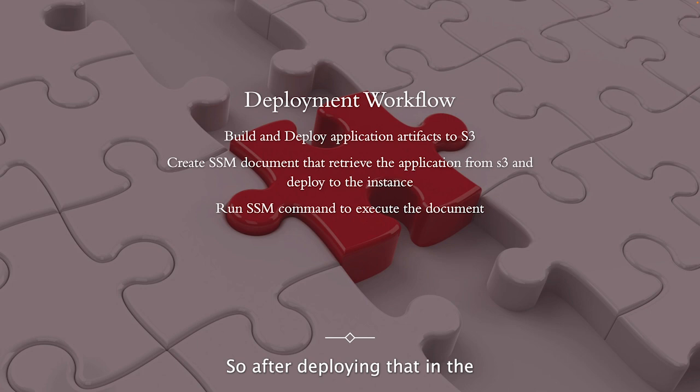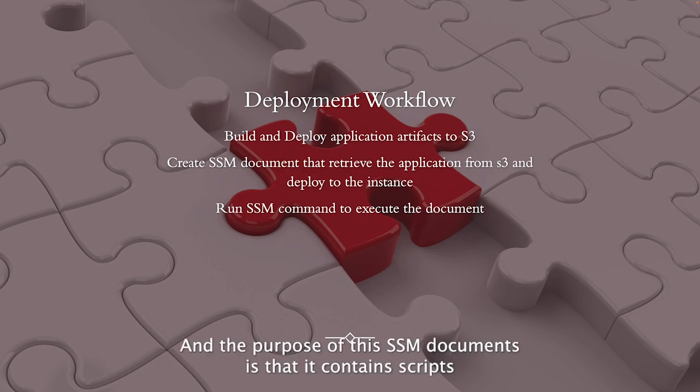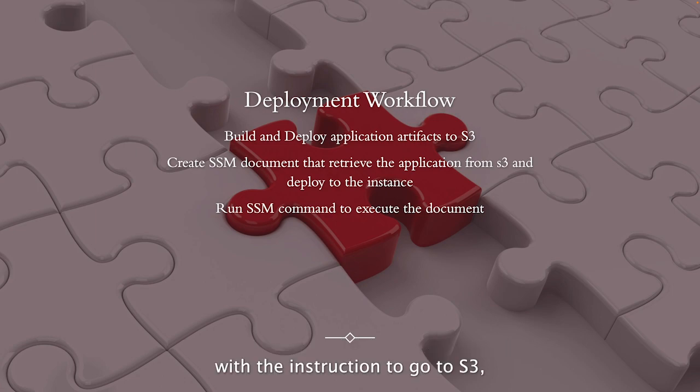After deploying that to S3, I create an SSM document, and the purpose of this SSM document is that it contains scripts with the instruction to go to S3, retrieve the application zip file, deploy it in the instance, extract it and put it in the server directory, and lastly restart the server. So that's the instruction in that document.